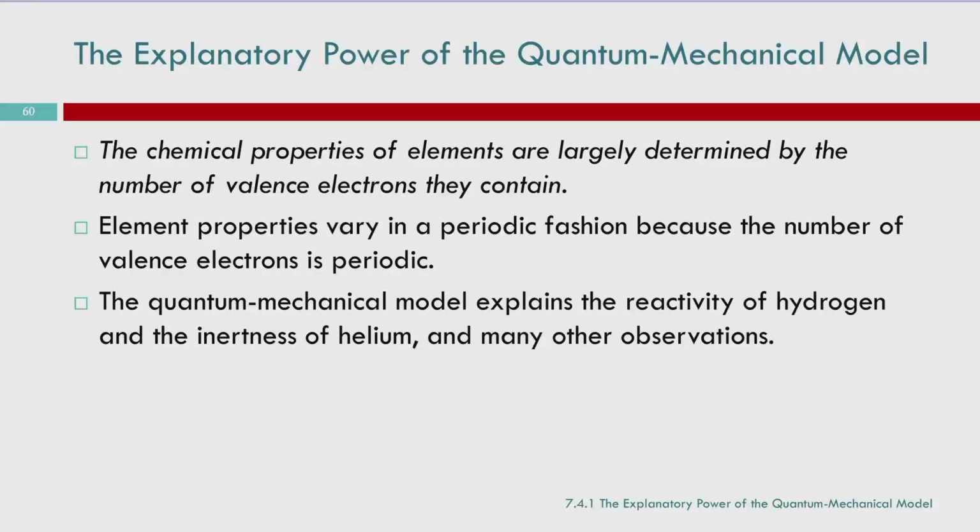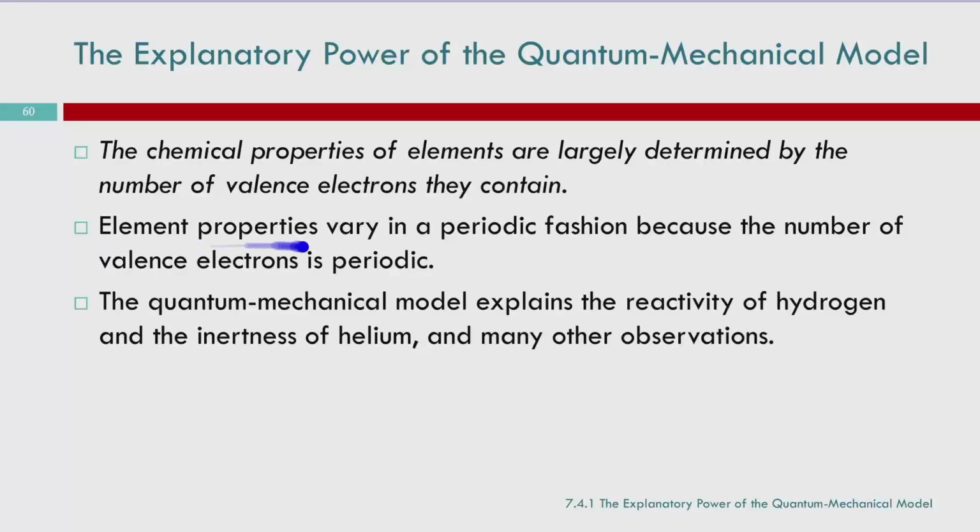This is also why we were able to make a broad statement that our halogens are highly reactive nonmetals. They all want 1 electron. Our alkali metals are highly reactive metals. Our alkaline earth metals are less highly reactive metals, and so on and so forth. And our noble gases are non-reactive or inert.